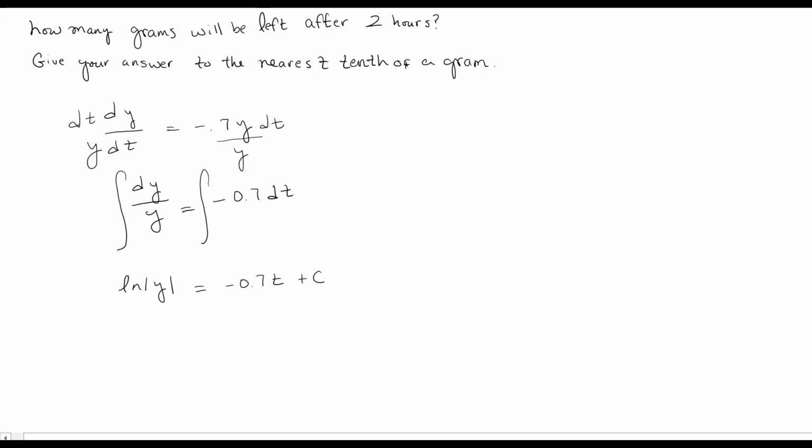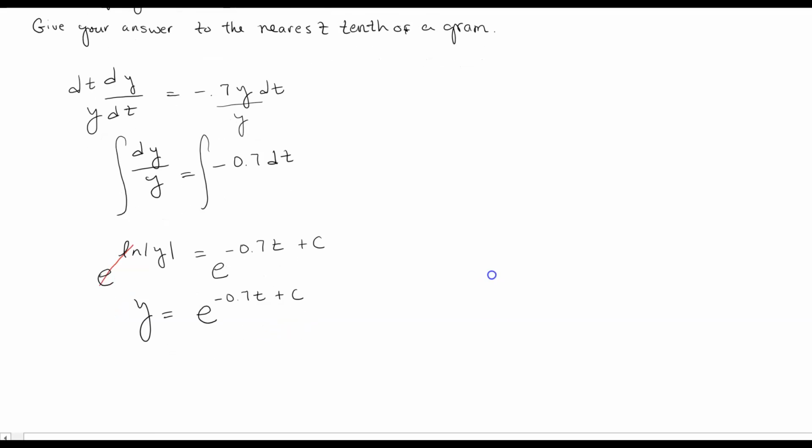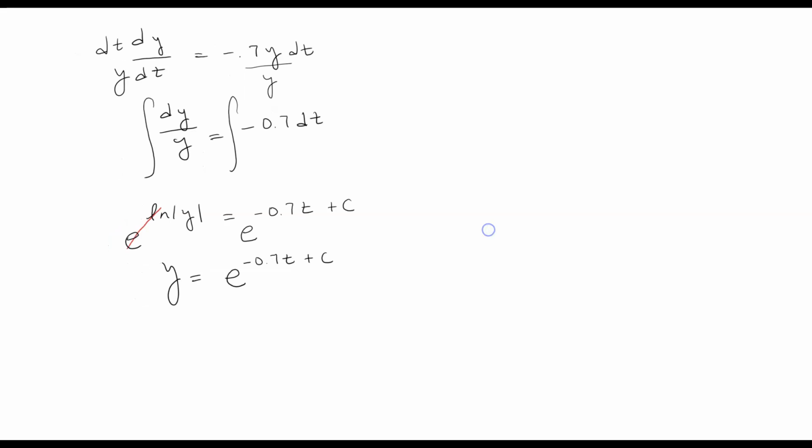Now we're going to solve for y to obtain a solution, and in doing so we take the natural base of both sides to eliminate the natural log. So y equals e to the negative 0.7t plus c. That's our y value.